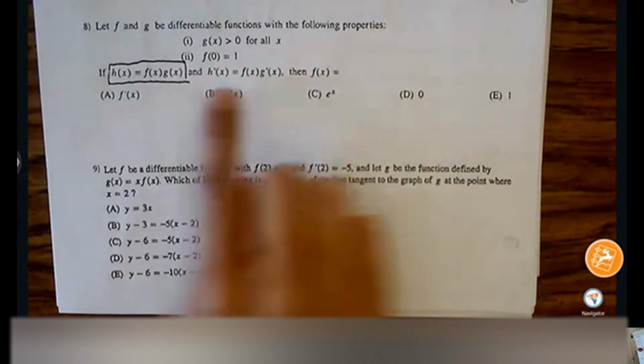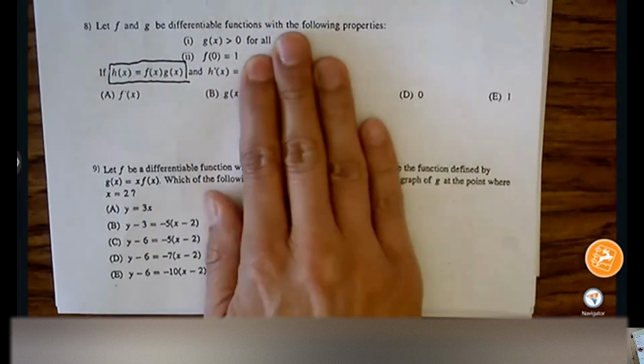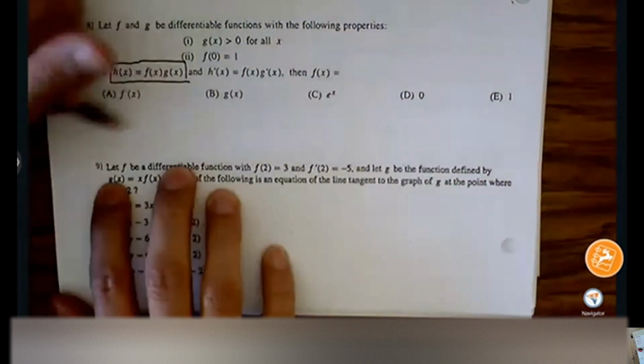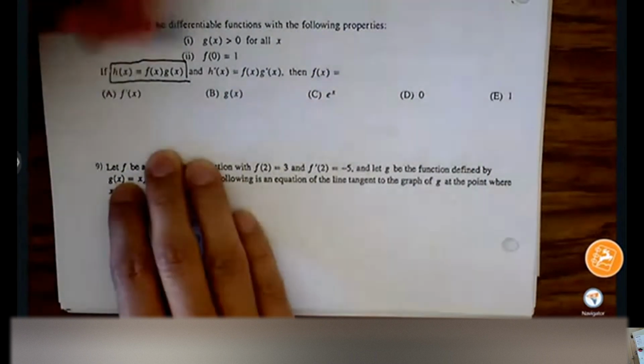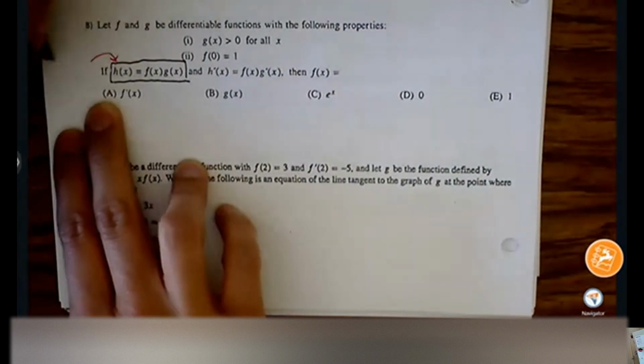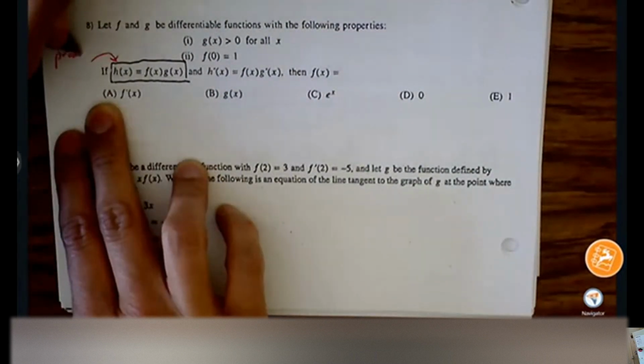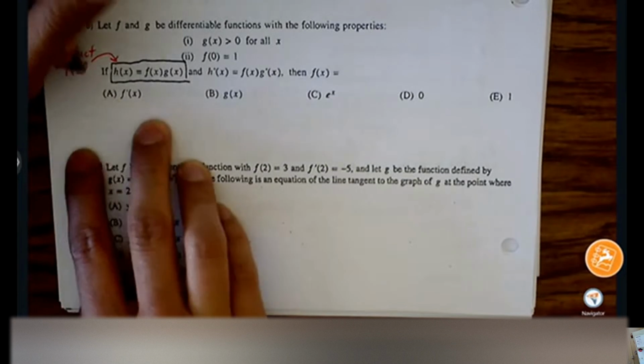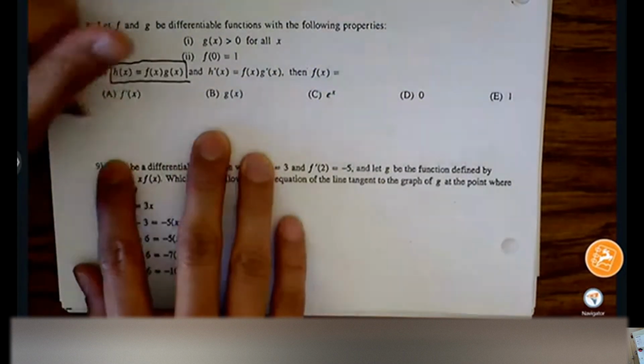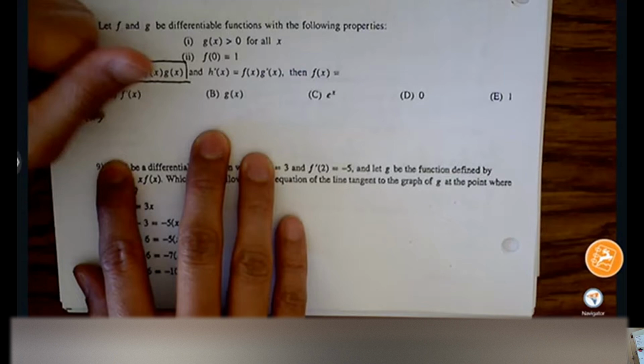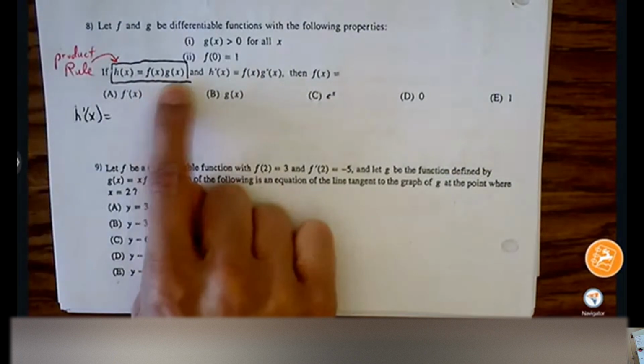I know I got to involve h prime, so I'm going to have something to compare with. Let's just find h prime from what we know. We know this is going to be product rule. So f prime g plus fg prime.